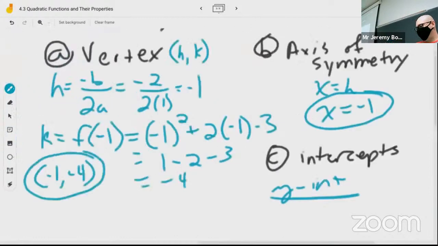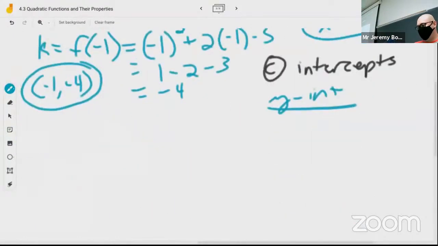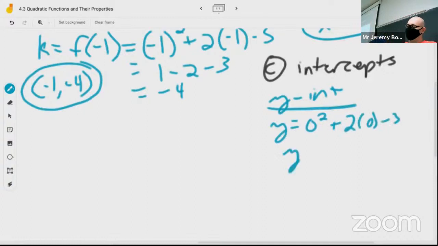And if we do that, we'll have y is equal to 0 squared plus 2 times 0 minus 3, which means y is equal to negative 3. The other way you can do the y-intercept, if you recall, is it is just the c value. Whatever c is, that's going to be your y-intercept. So it's going to be 0 comma negative 3. Questions on the y-intercept?